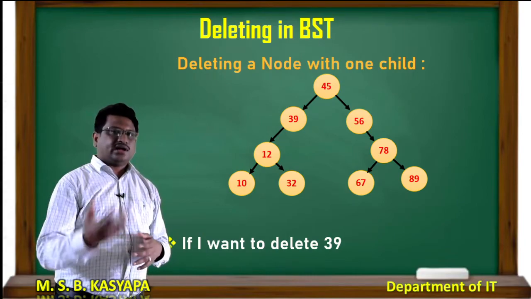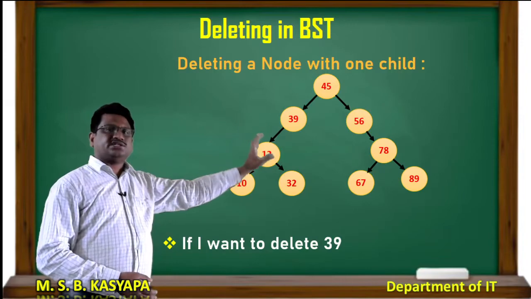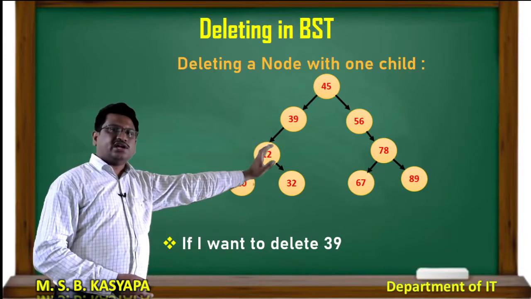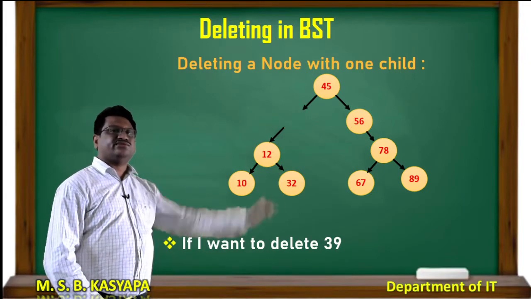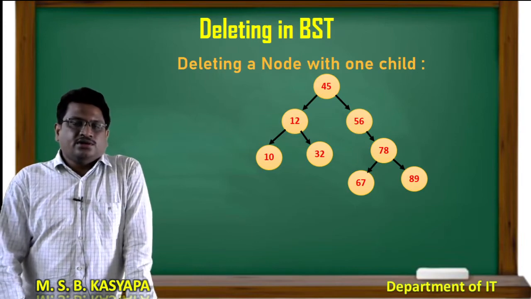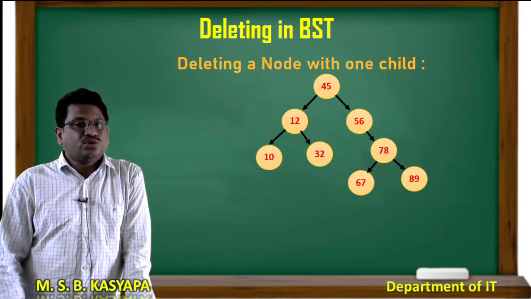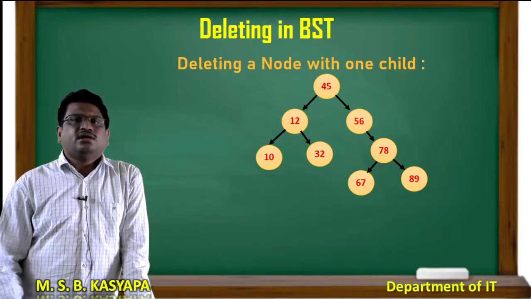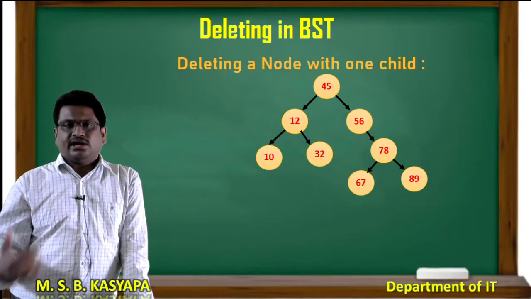So, for that I have to establish a connection between the parent of 39 and the child of 39. That means I have to establish a connection between 45 and 12. Now, the tree will look like this. So, if a node contains only one child, I simply have to establish a connection between that parent node and child node.